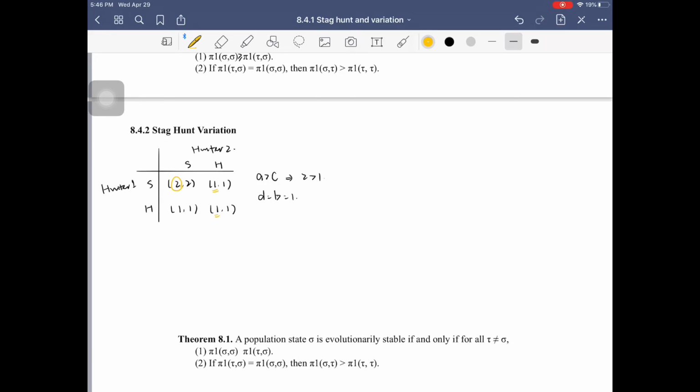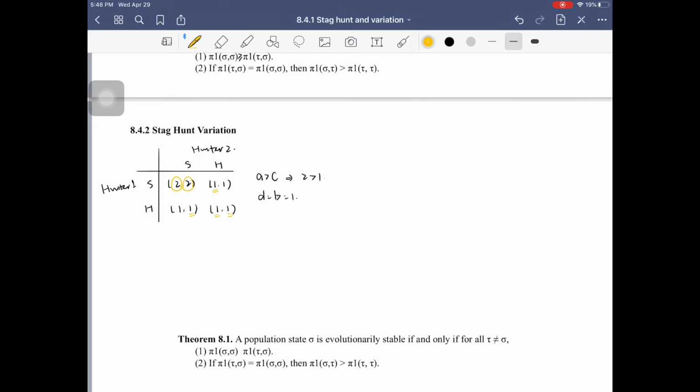The same thing happens for hunter 2. If hunter 1 chooses to hunt the stag, then hunter 2 will choose the stag as well. And if hunter 1 chooses to hunt the hare, then it makes no difference for hunter 2's selection.